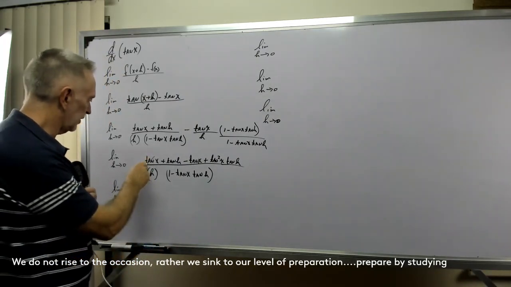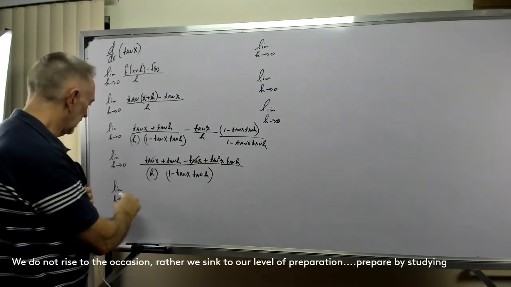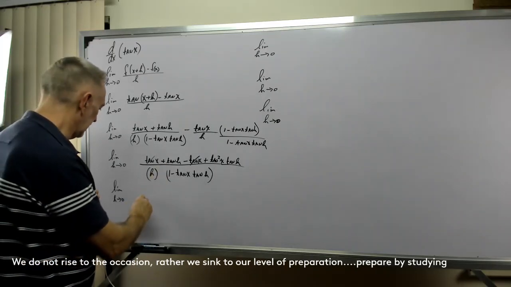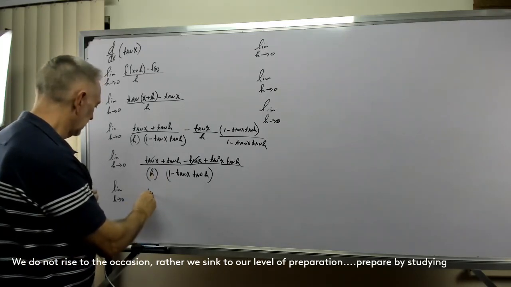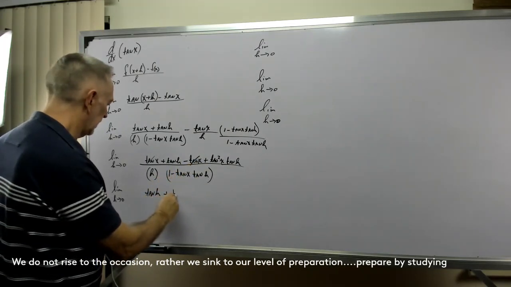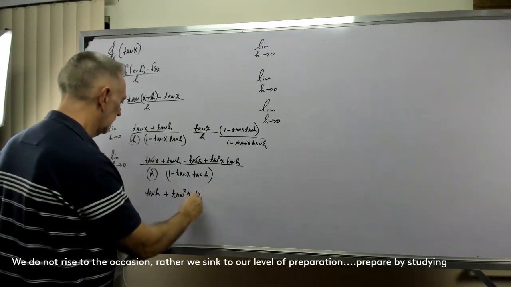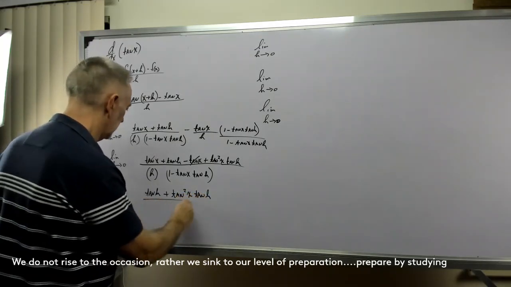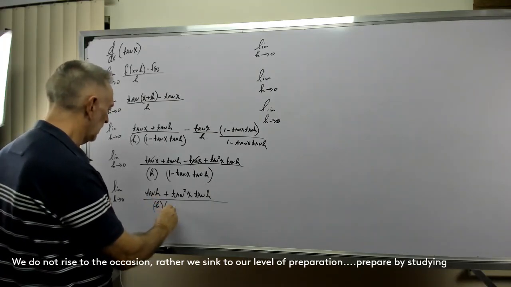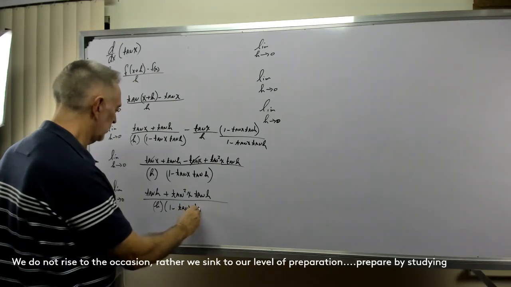Well, we've got a tangent x minus tangent x. Those cancel. And I'm left with the limit as h approaches 0 of tangent h plus tangent squared x tangent h, all over h times 1 minus tangent x tangent h.